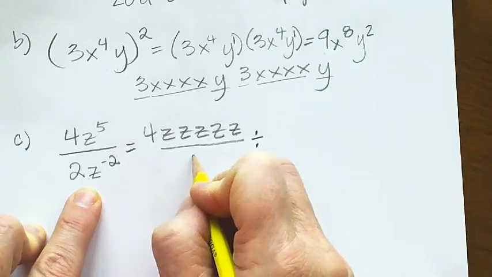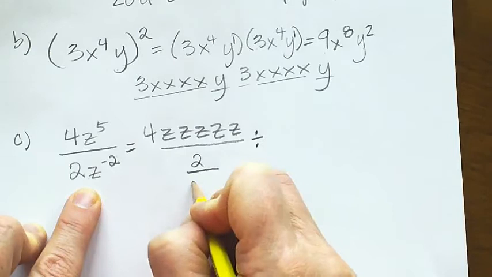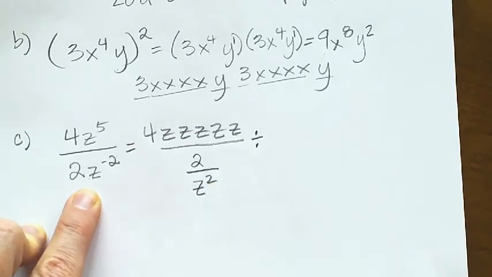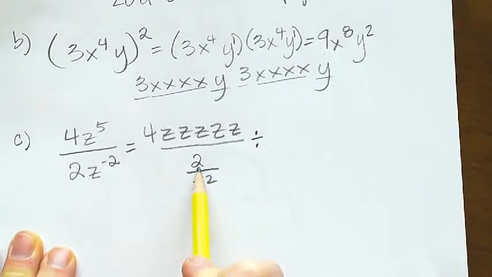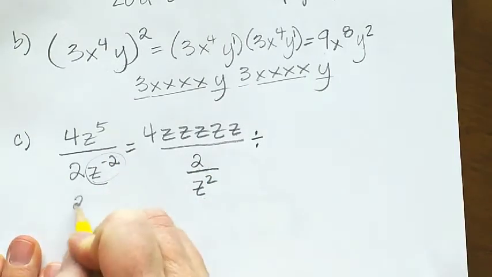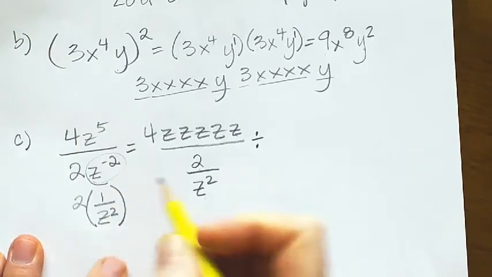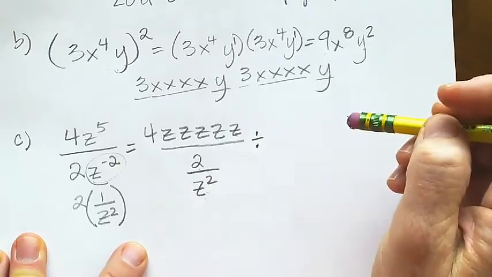This is 2 over z to the 2nd. 2 is in the numerator. Z to the negative 2nd means 1 over, this is the same as writing 2 times 1 over z to the 2nd. So that's 2 over z to the 2nd.